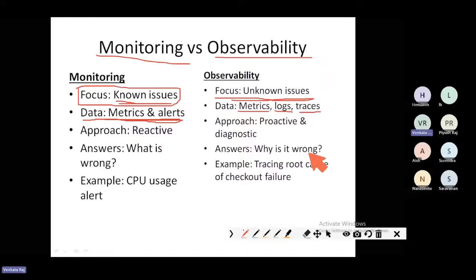And then, guys, we have traces. So what are traces basically? When any request is going to the server, it will go through the different components of the application in order to do its operation. Any request you take will have a unique ID. Using that ID, I will be able to find out which components it has gone through and how much time it has spent in each of those components.